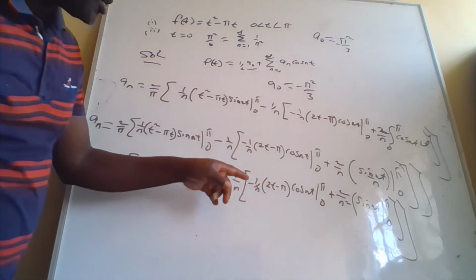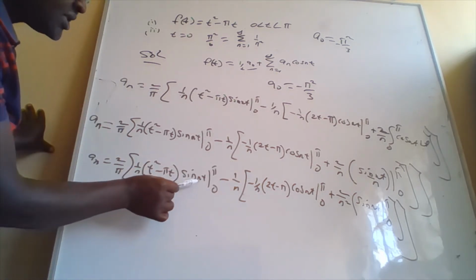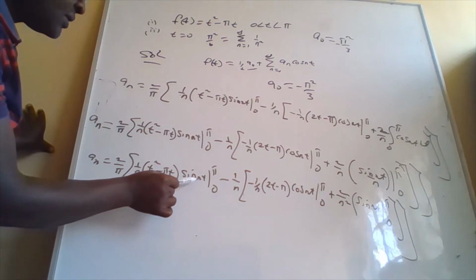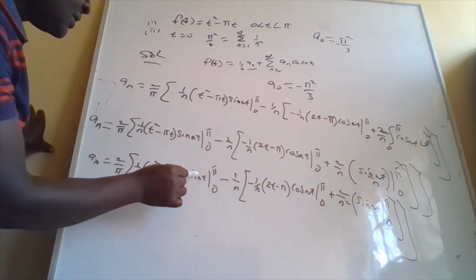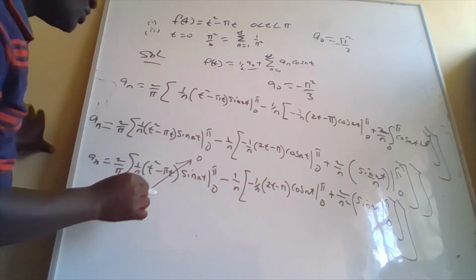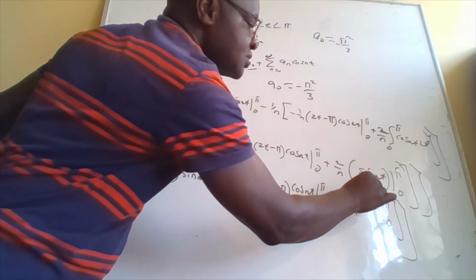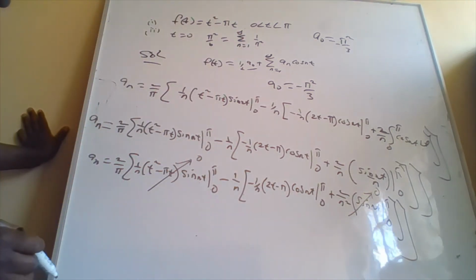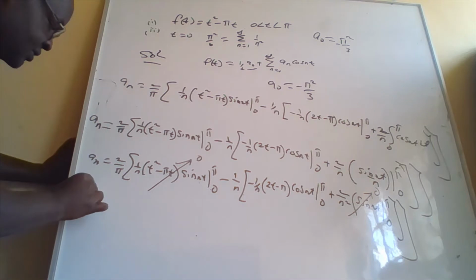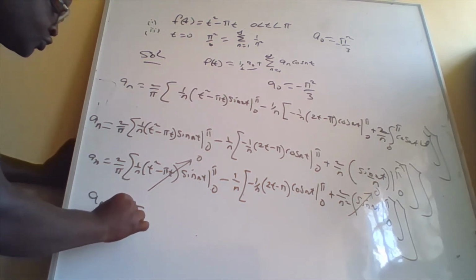Now when we substitute in the limits, because this is sine, this will turn to be 0, and also this will be 0, so that we remain with an equals 2 over pi.